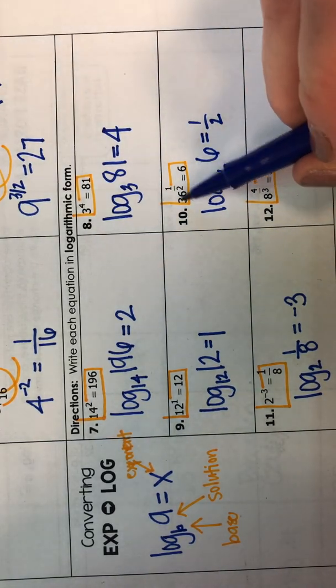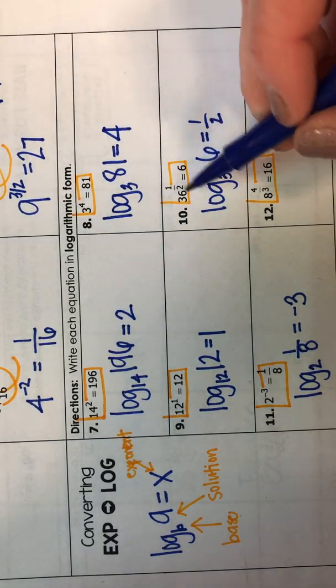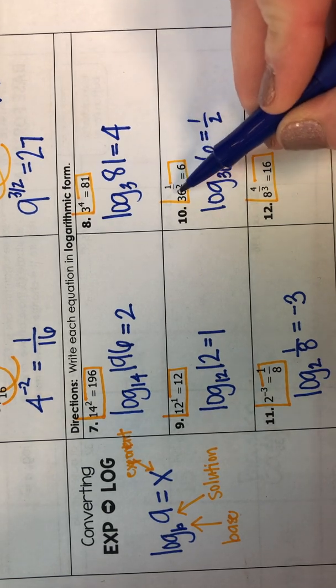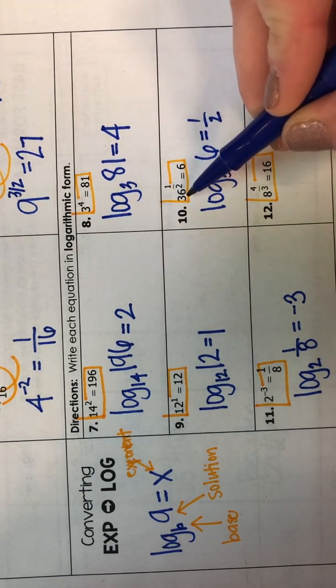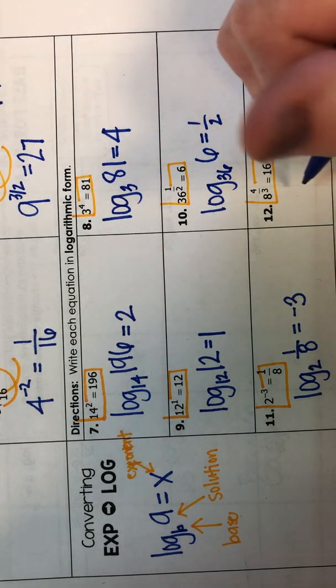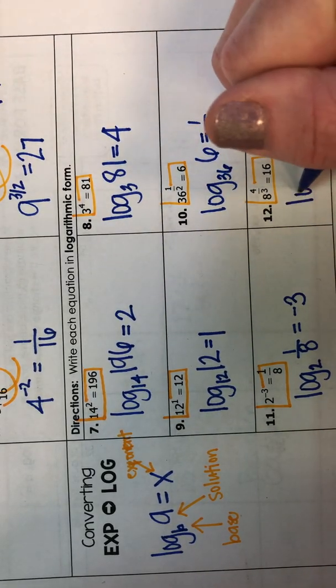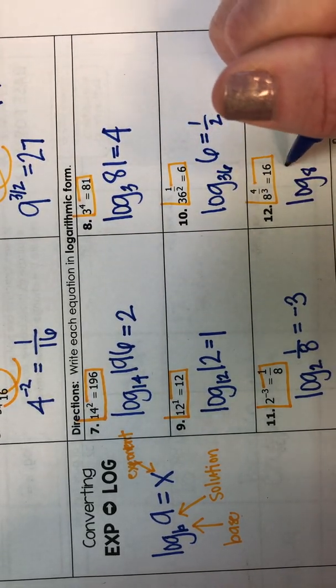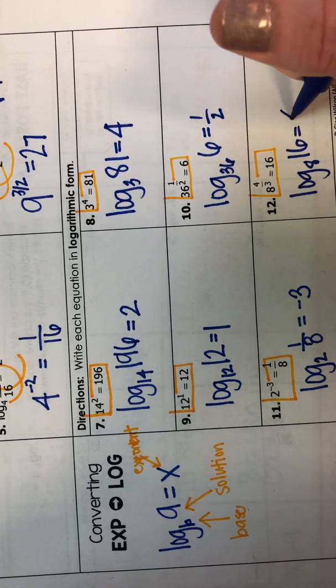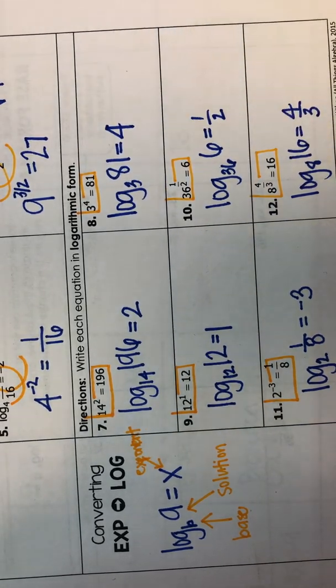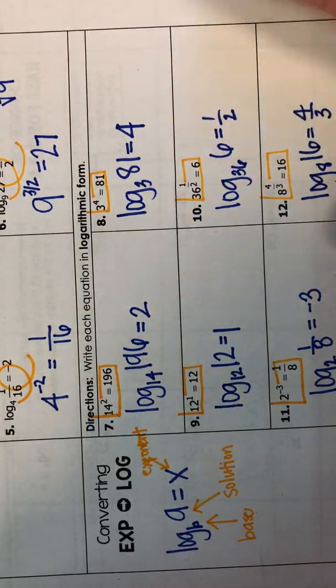Raising 36 to the 1/2 power is the same thing as taking the square root of the number. So square root of 36 is 6. Okay, so that makes sense. Here I have log base 8 of 16 equals 4/3. Okay, all right.